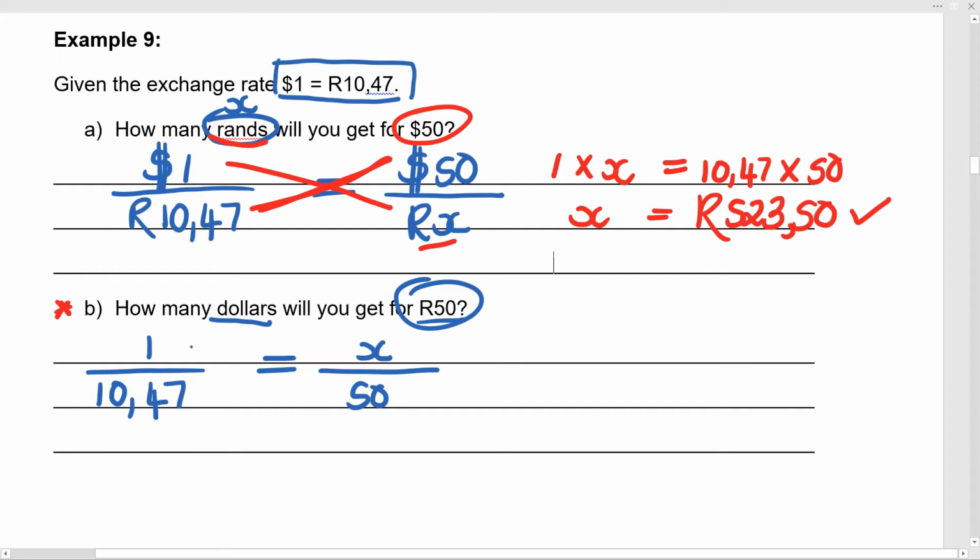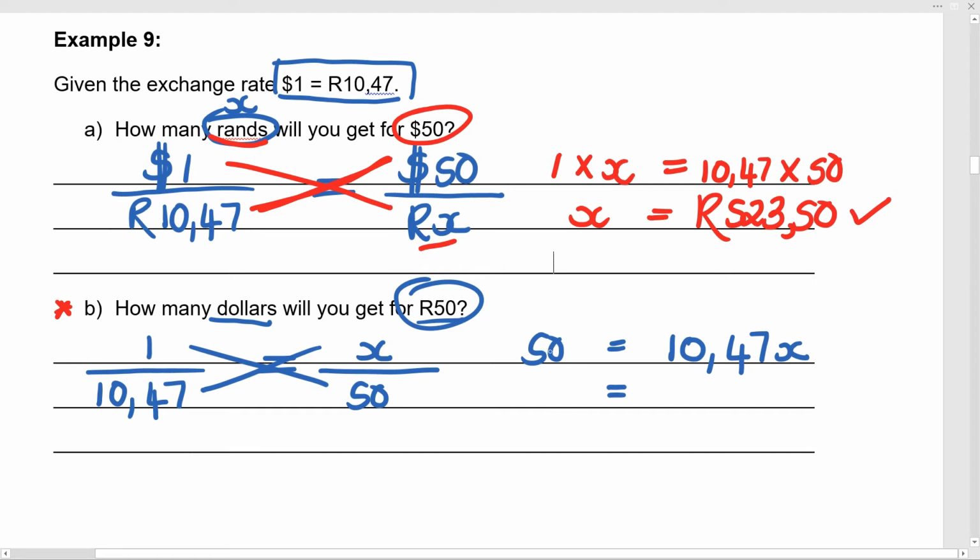Okay, so now I'm going to cross multiply. And what that's going to give me is 1 times 50 equals x times 1047. That is 1047x. Remember that when things are stuck together, it means that you are multiplying. My next step then is going to be to solve this little equation that I've created for x.